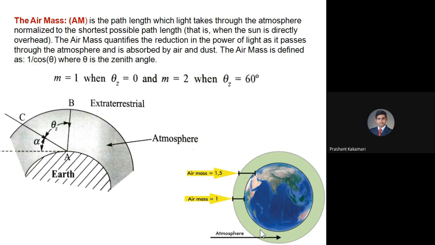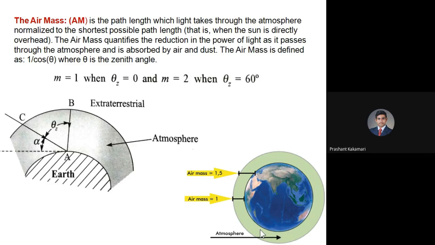You can see the sketch here: the solar radiations are coming in the direction of C to A, and at point A the solar radiations are hitting the earth's surface, and B to A is the zenith, or at 12 noon the solar radiations are passing from B in line with the zenith line, and with very little atmospheric disturbance the solar radiations are falling on earth at point A.